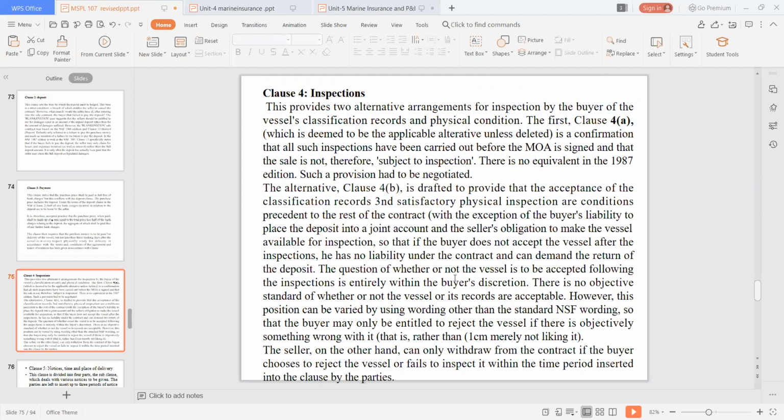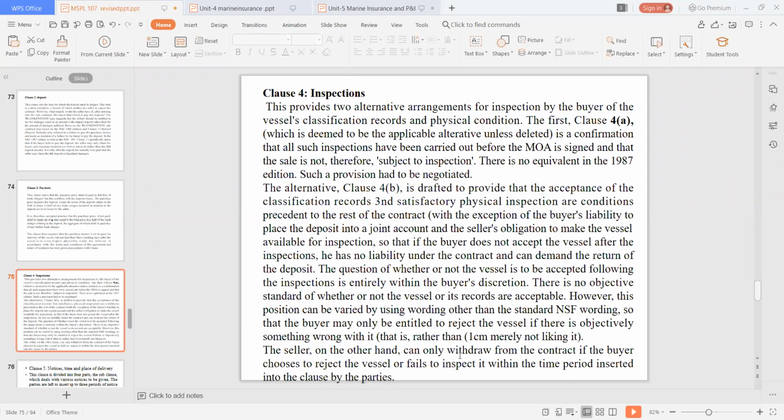Right? The question of whether or not the vessel is to be accepted following the inspections is entirely within the buyer's discretion. There are no objective standards as to whether the vessel or records are acceptable. However, this position can be varied by using wording other than the standard NSF wording, right? So that the buyer may only be entitled to reject the vessel if there is objectively something wrong with it.